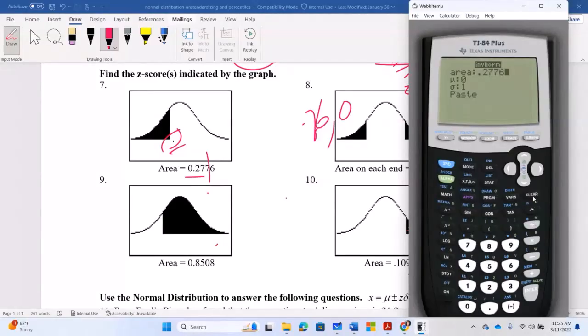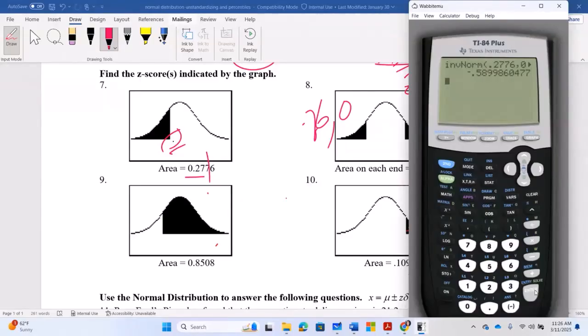All right, the mean of a normal distribution is 0, standard deviation is 1, and I'm going to calculate. When I hit enter, it means that the Z value corresponding to 0.2776 inside the normal curve is negative 0.59 approximately.